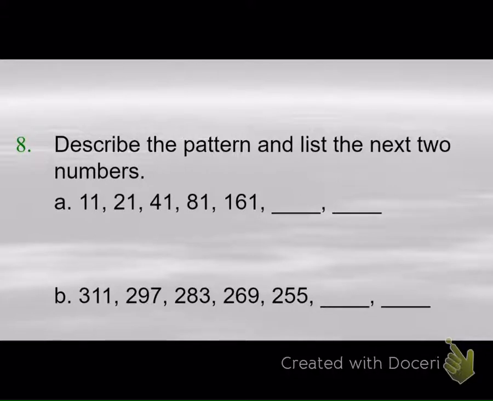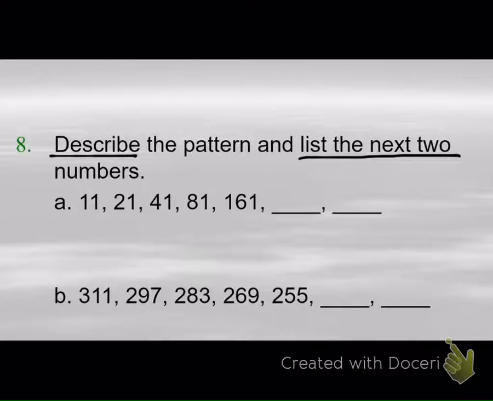Okay, describe the pattern and list the next 2 numbers. So what is it having us do here? What are our directions having us do? Describe and then what? List the next 2. Okay. So what are we doing in the first one? Adding 11.